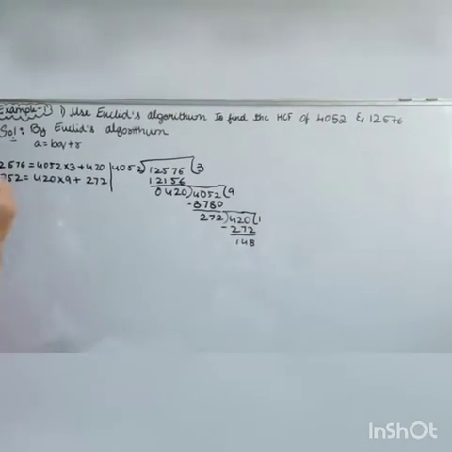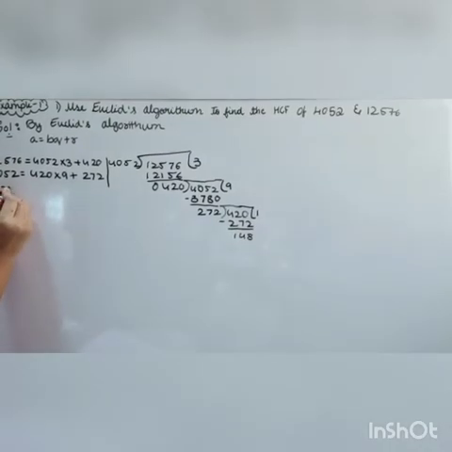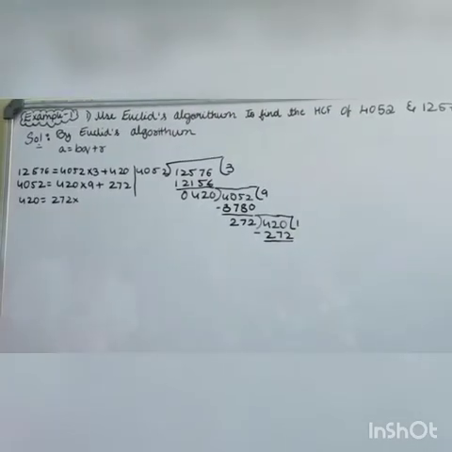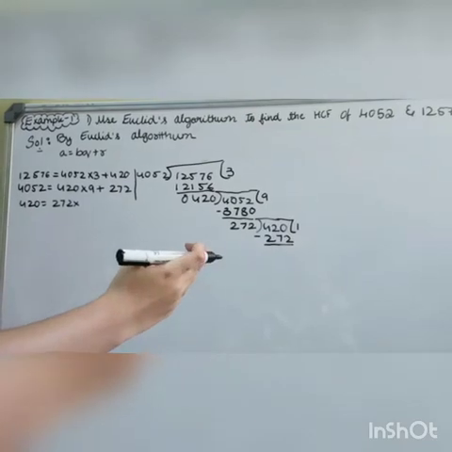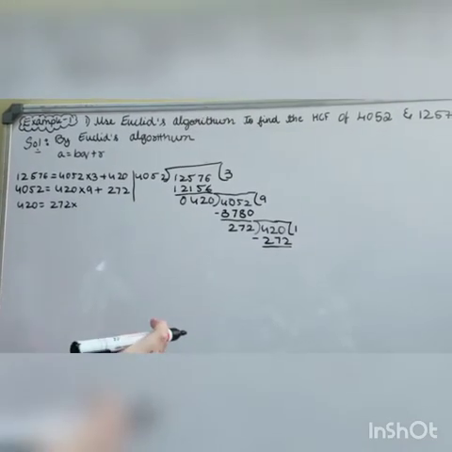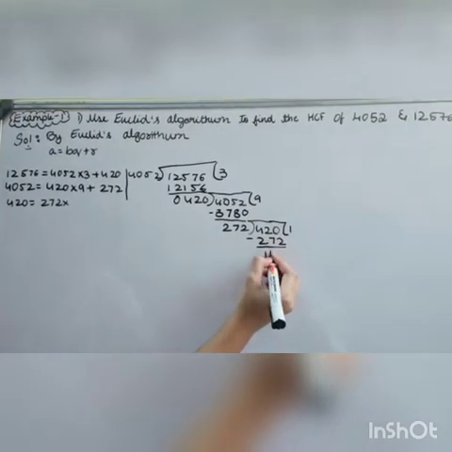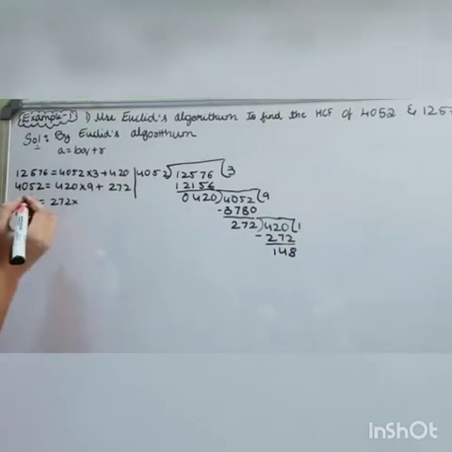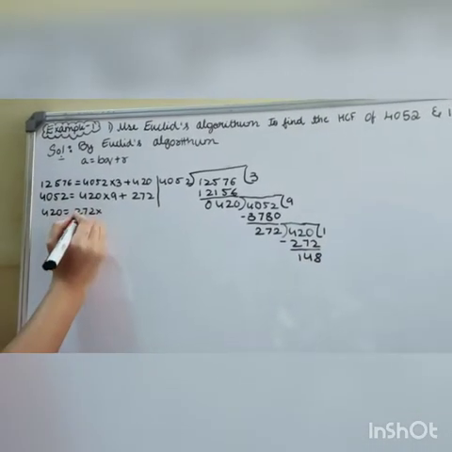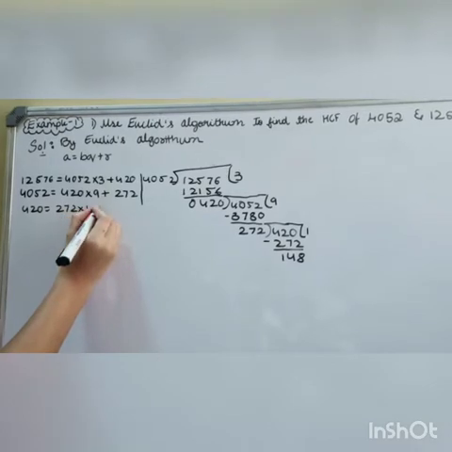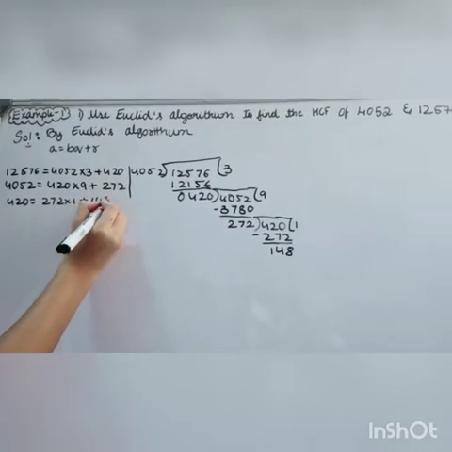So we can write 420 as 272 into 1 plus 148.